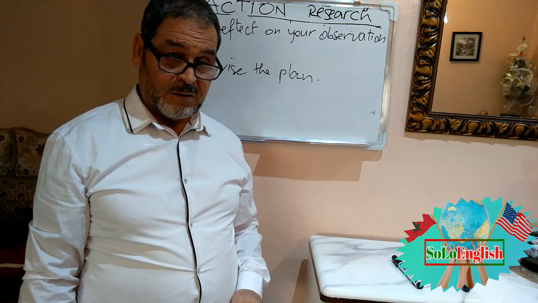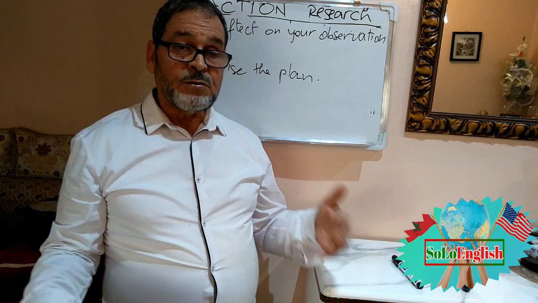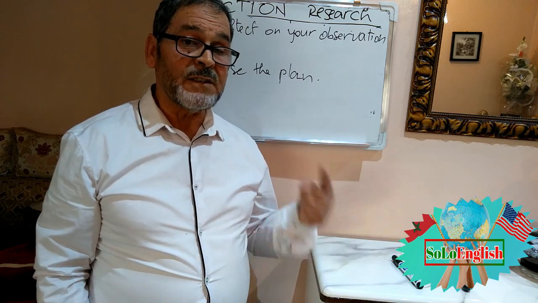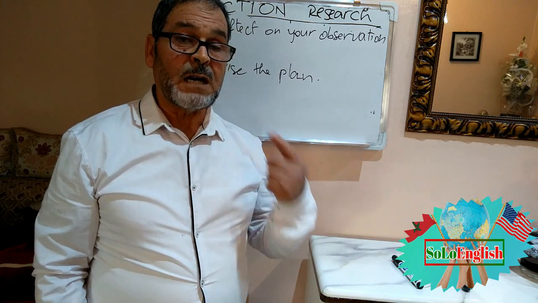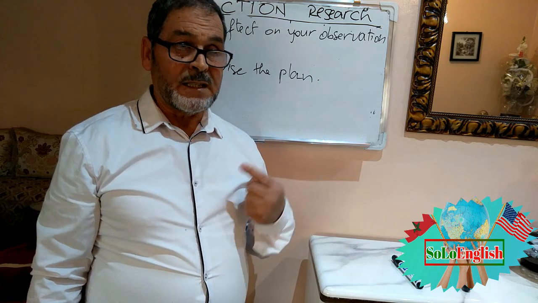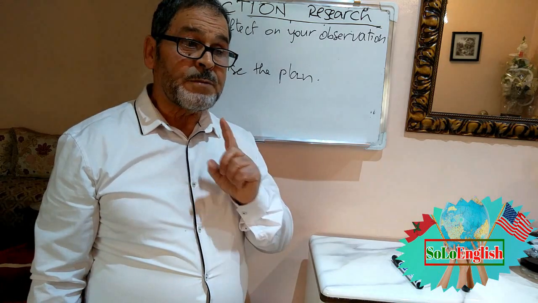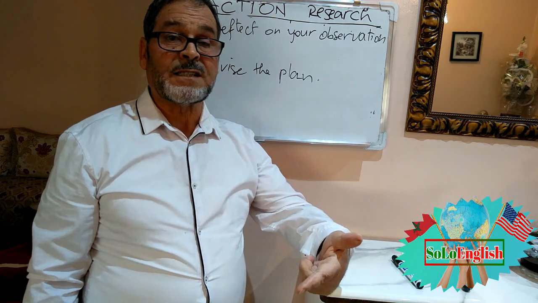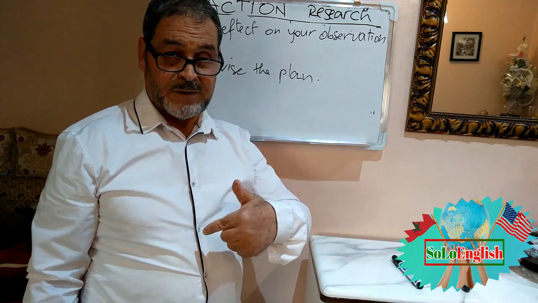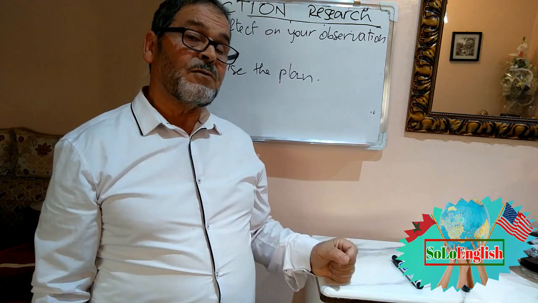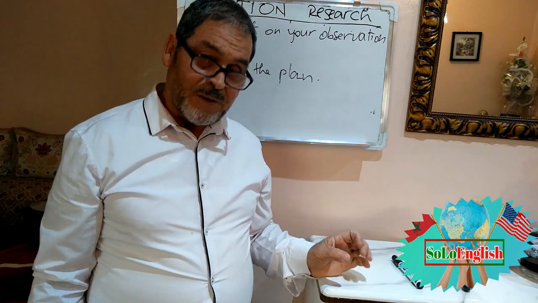And this is the action research. The action research is to observe the problems we have in our teaching in the classroom, and the teacher, of course, usually observes and practices at the same time. He can be an observer and a teacher at the same time, but it is necessary to have another observer with us.